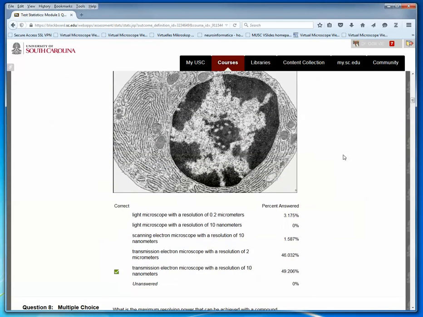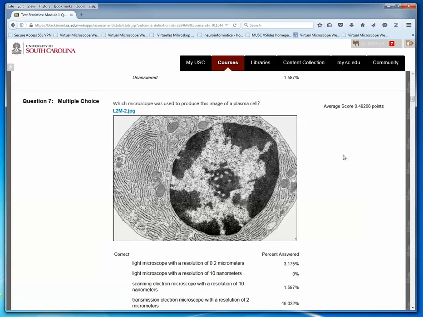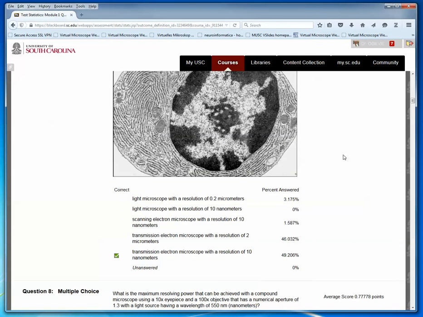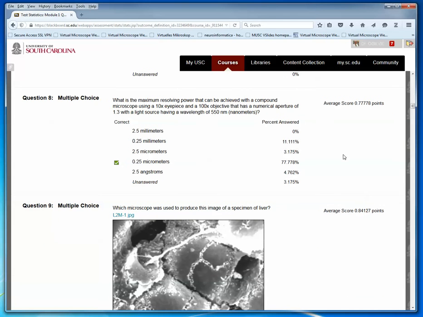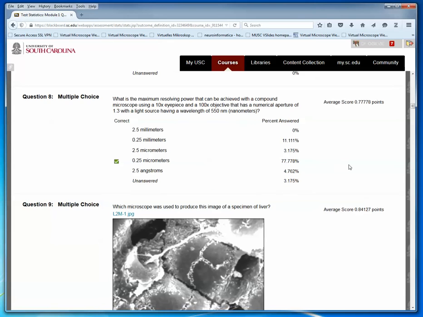You should also know what kind of microscope gives this image, an electron microscope, transmission versus scanning. You should know the resolution of a light microscope, and we gave you some figures to calculate that, and the formula in the lecture should be something you should know.